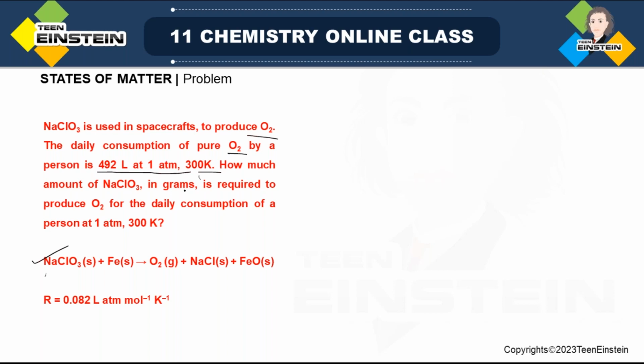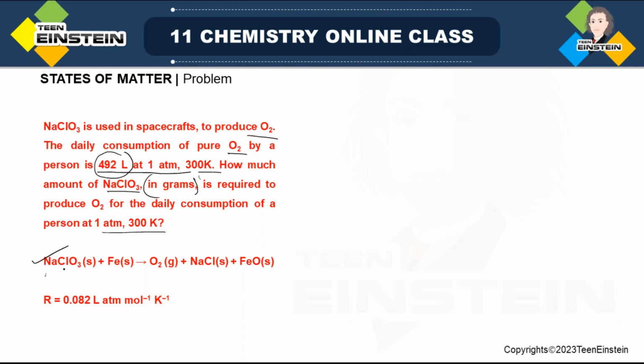From this information, we have to find how much sodium chlorate in gram is required to produce oxygen for the daily consumption of a person at this condition. So for daily consumption, the volume required is 492 liter.